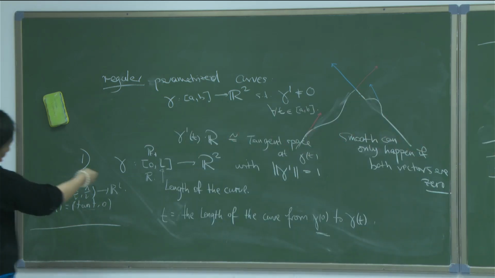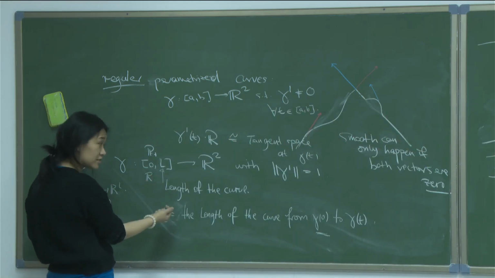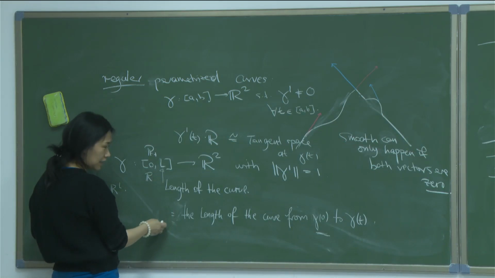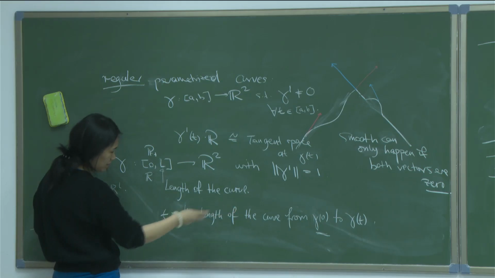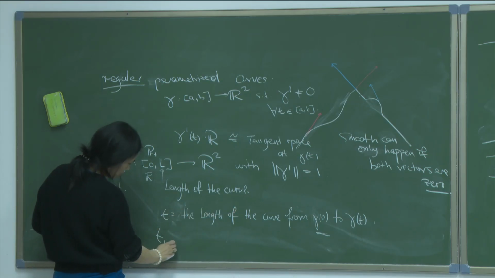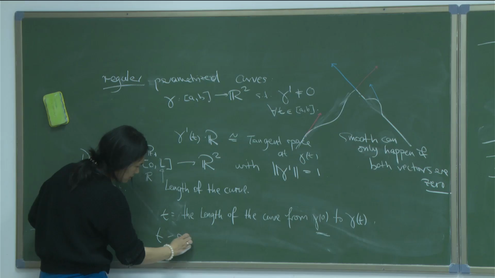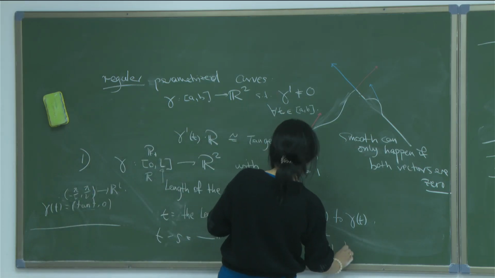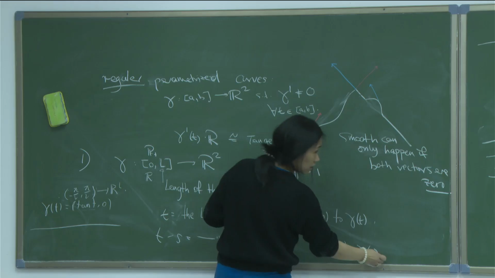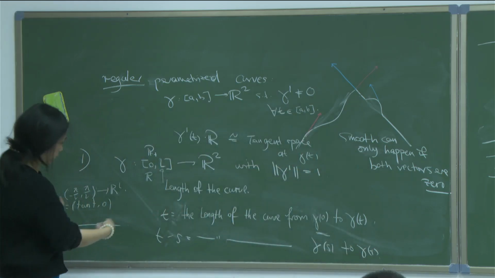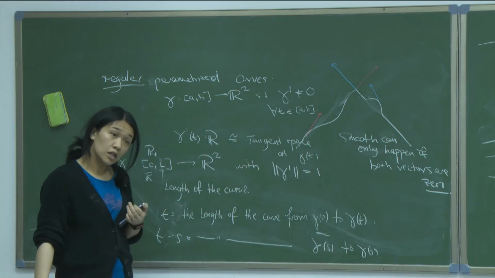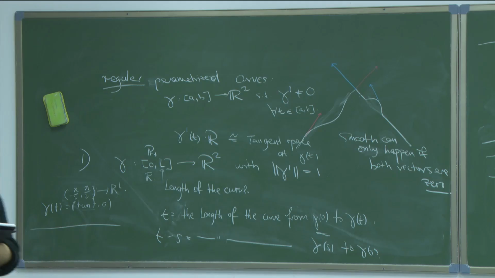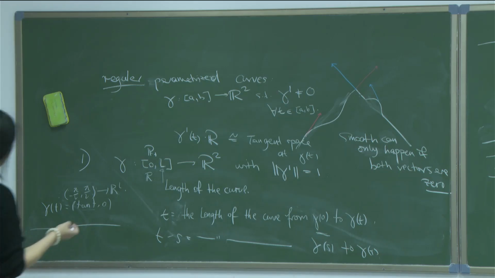Then instead of t being the length of gamma 0 to gamma t, you would say t minus s is the length from gamma of s to gamma of t. So it's defined at both ends, and it doesn't really matter in this case.